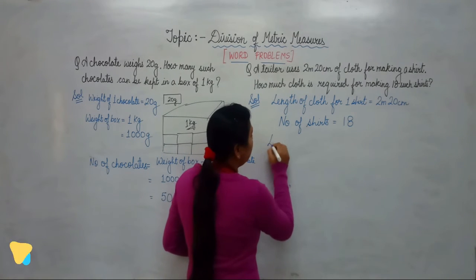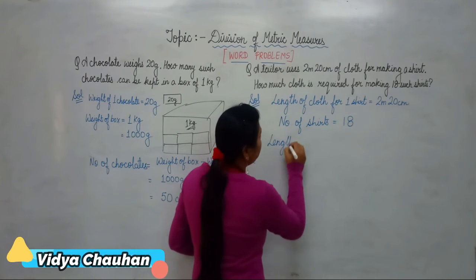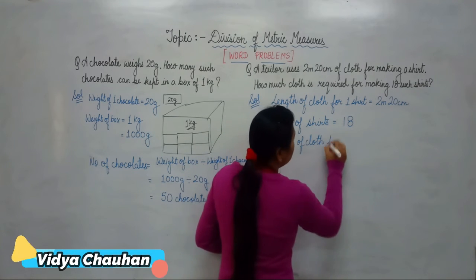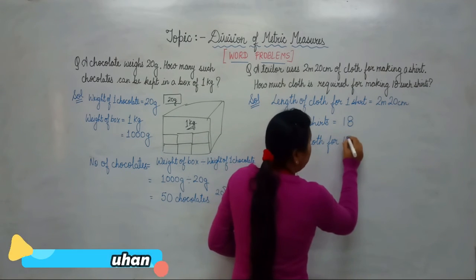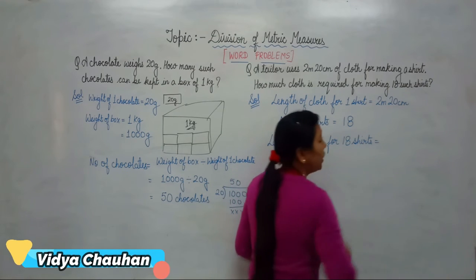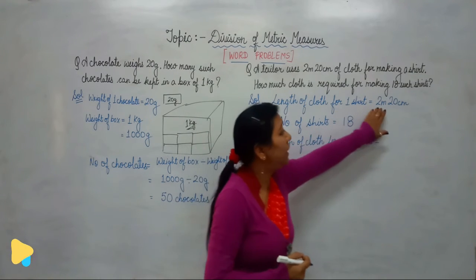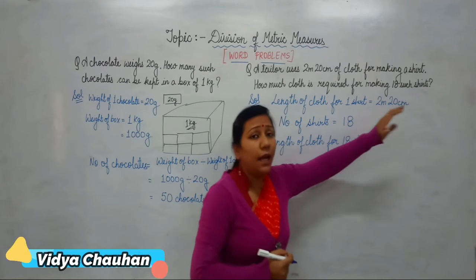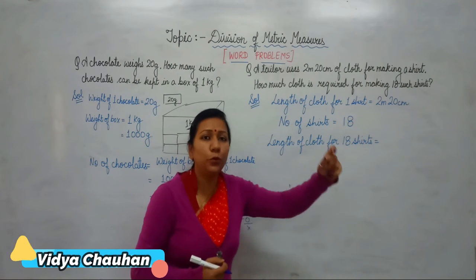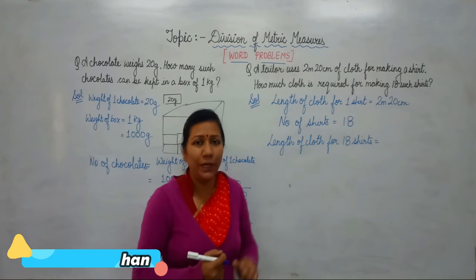So, the length of cloth for 18 shirts will be equal to, if for one shirt it is 2 meter 20 centimeter, as I said, it is repeated addition of 2 meter 20 centimeter, 2 meter 20 centimeter, 2 meter 20 centimeter.